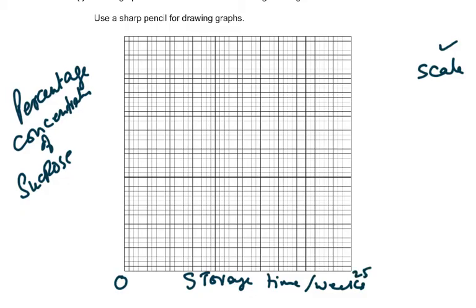In this case it was very easy. On the x-axis, every 5 weeks was 2 centimeters. So this was 5, this was 10, then 15, then 20, and the last one was 25, as the scale would be given by Cambridge.